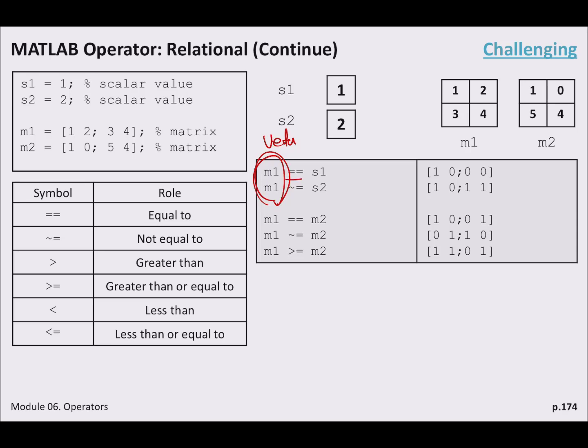If we put this one, we compare with the individual element in the matrix. 1 is 1, same. So the other elements are not the same. Again, this equality check is element-wise.